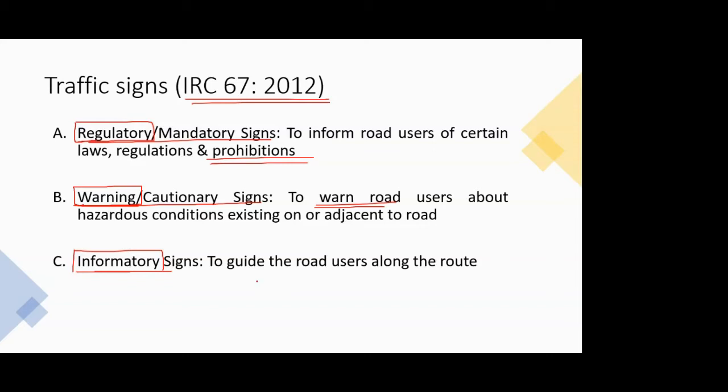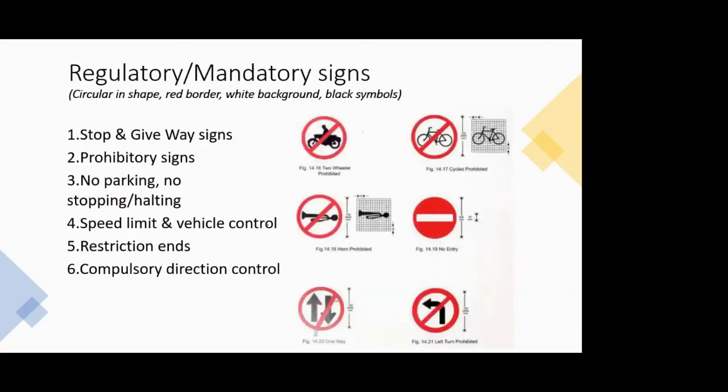Now we'll quickly have a look at it. First is the mandatory sign. As I told you, if you violate mandatory or regulatory signs, you are liable to a fine or legal action. So how do you identify which sign is a mandatory sign and which belong to the other two categories?